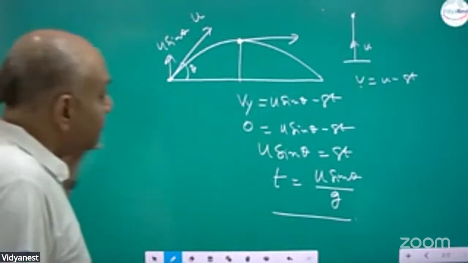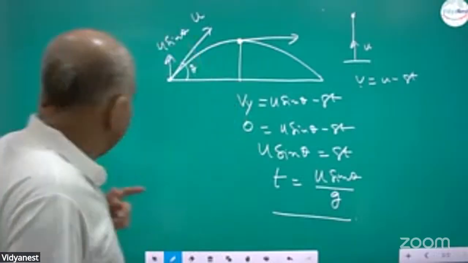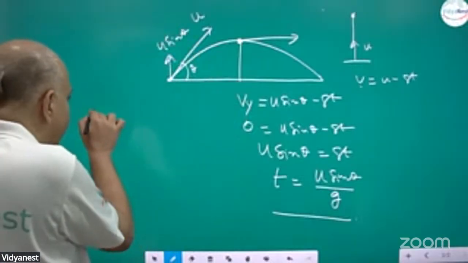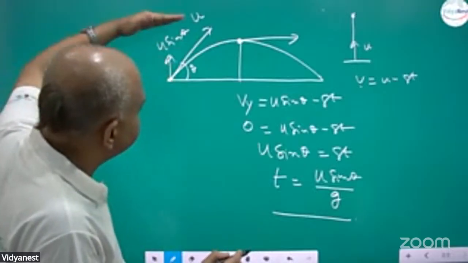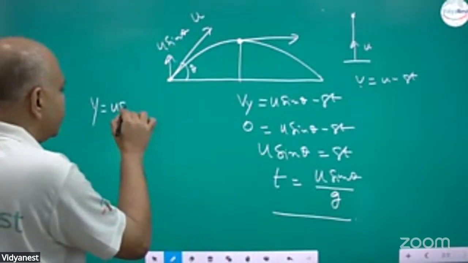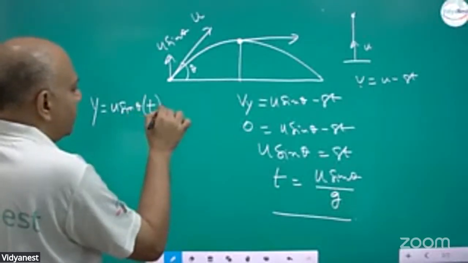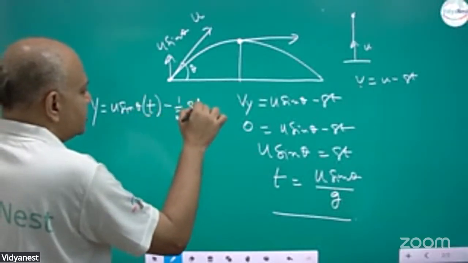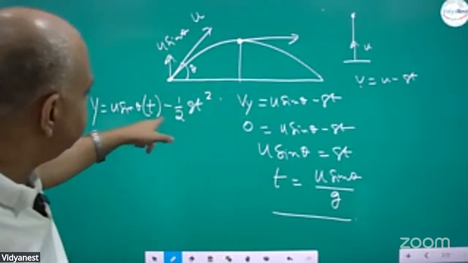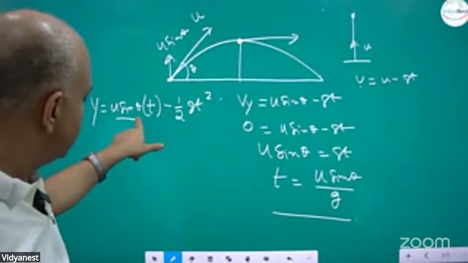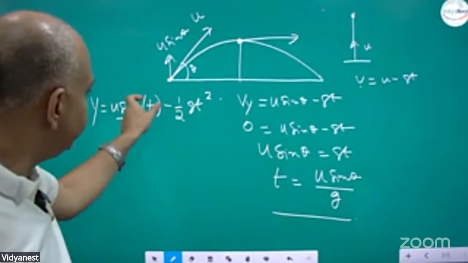Very good. Now see what is going to happen here. Whenever I write the vertical displacement y, it is u sine theta into t minus half gt square. Because u sine theta is the initial vertical component, it is ut minus half gt square. That's why u sine theta into t minus half gt square.